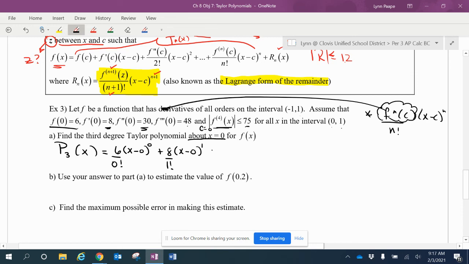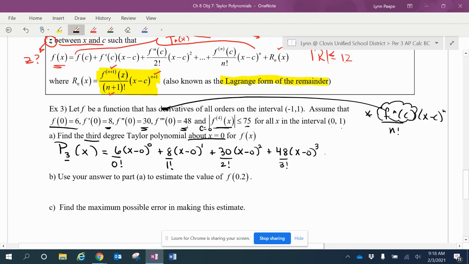Now for the second derivative, plus 30, and then x minus 0 to the power of 2 over 2 factorial. And then finally the third derivative, because we're looking for the third degree. So that would be plus 48, and then x minus 0 to the third power over 3 factorial.